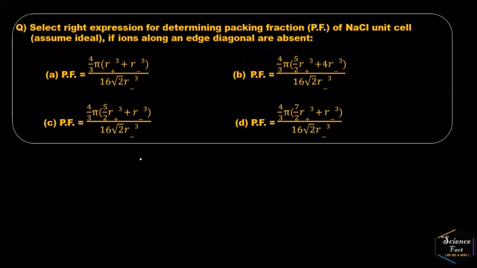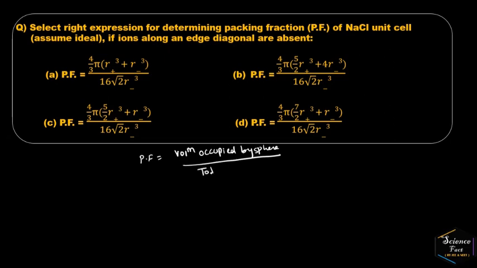As we know, packing fraction is equal to the volume occupied by spheres, and let's suppose that all ions, either Na+ or Cl-, are spheres, divided by the total volume of the unit cell.